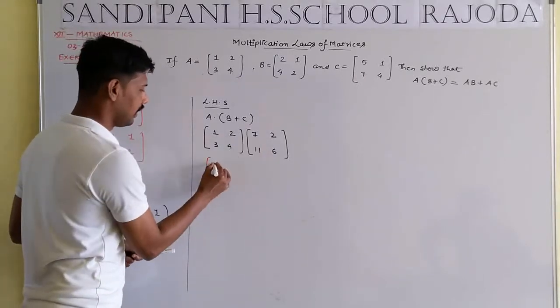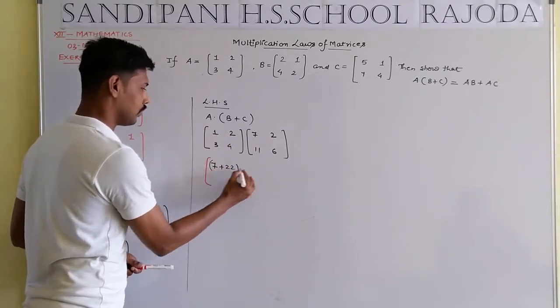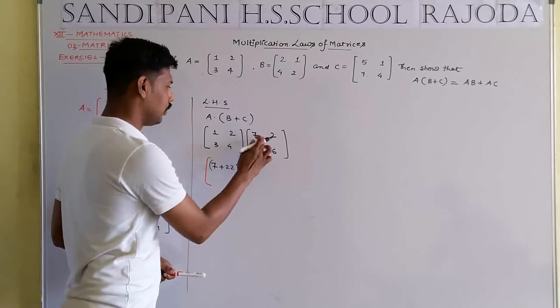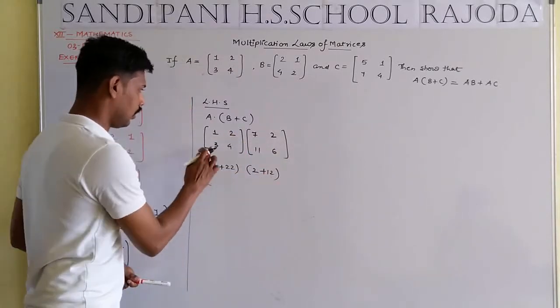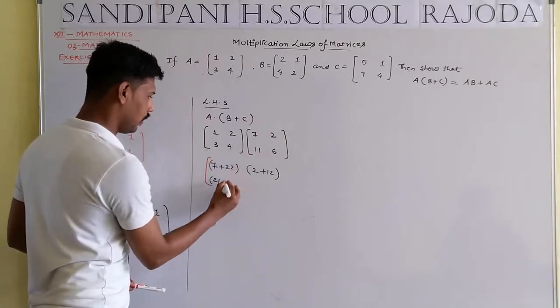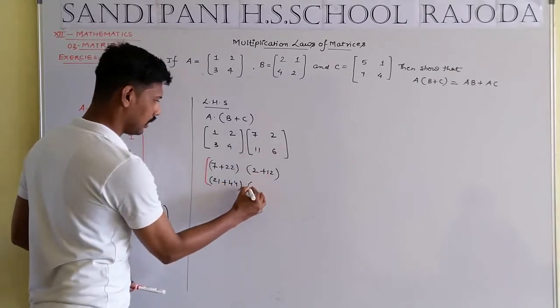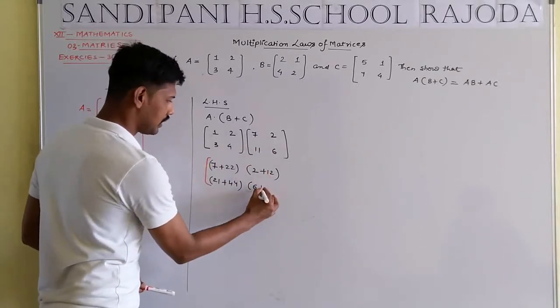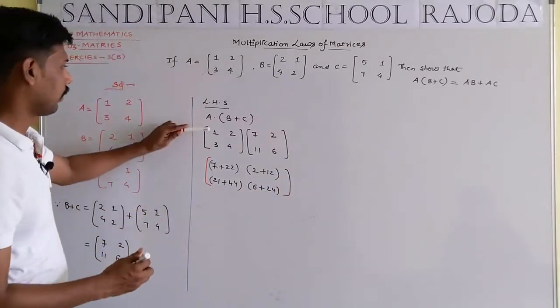1 into 7 equals 7, 2 into 11 equals 22, 1 into 2 equals 2, 2 into 6 equals 12, 3 into 7 equals 21, 4 into 11 equals 44, 3 into 2 equals 6, and 4 into 6 equals 24. Cross check.